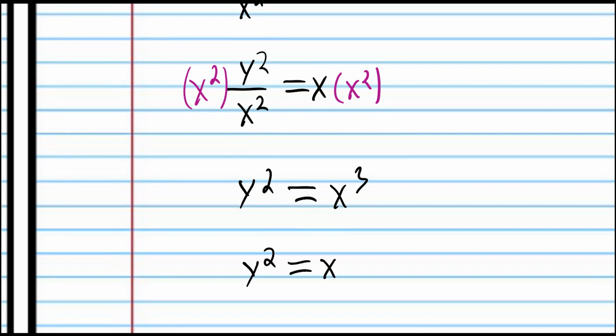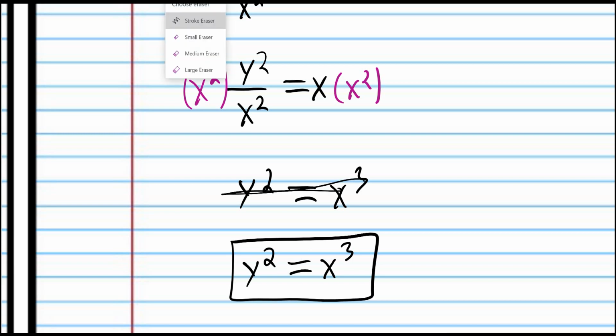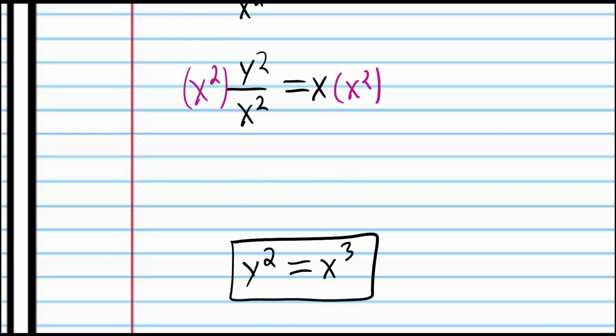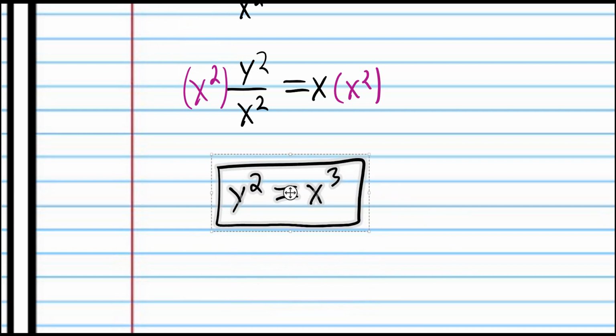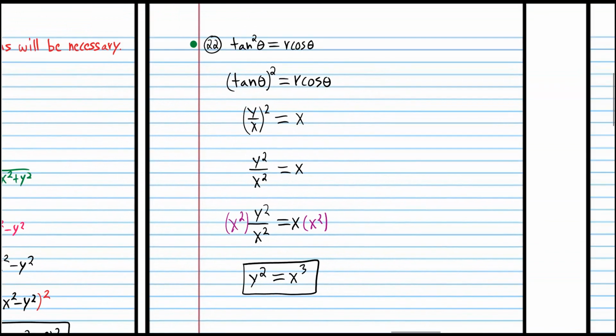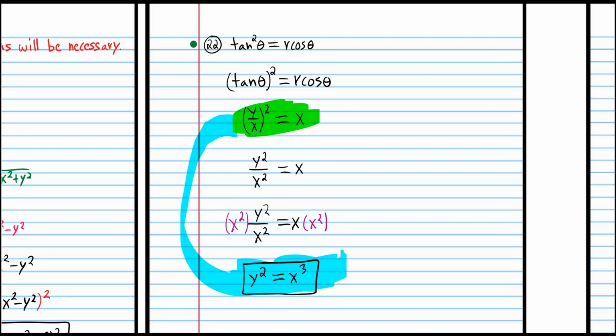Let me write that a little better. That's the simplest form of the equation in rectangular version. So you could stop here, but in most textbooks, the answer that you're going to be given is probably in a simpler form.